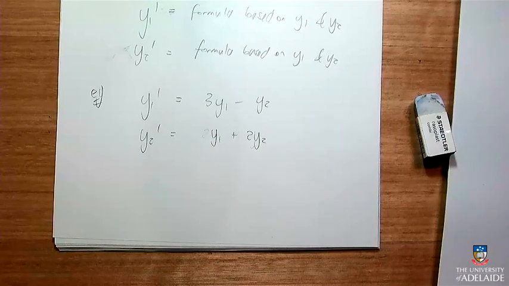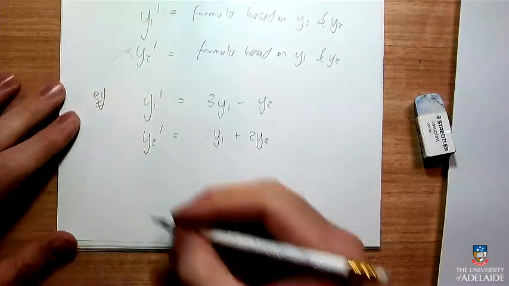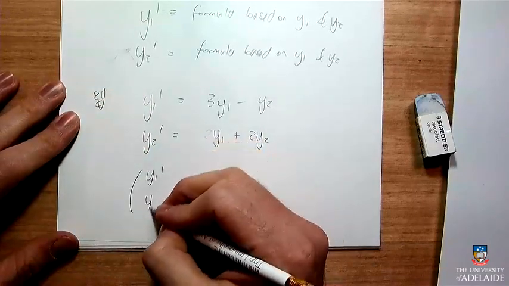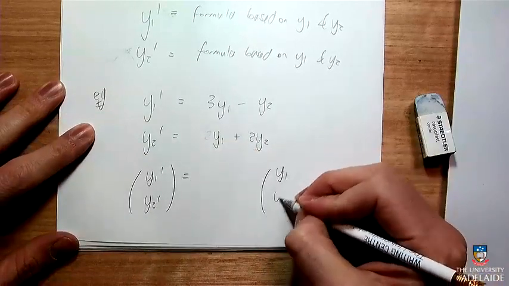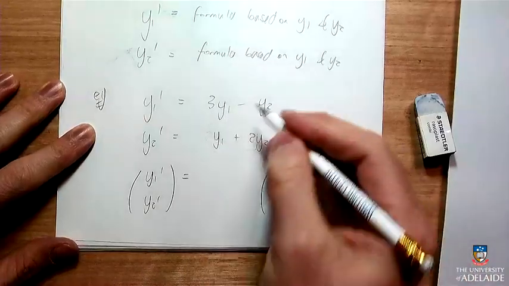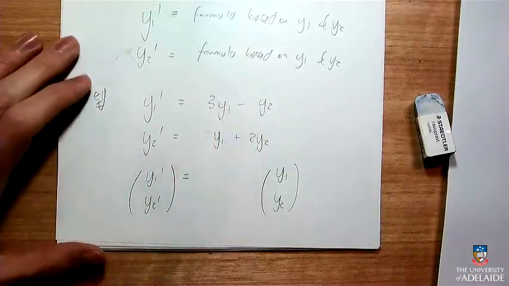Okay, so what we're going to do is turn this into a matrix, because any time there's linear equations going on, we can turn it into a matrix. We're going to have a vector which contains these two quantities, and a vector which contains the y1 and the y2 over here, and then a matrix which tells us how to produce these two rows.